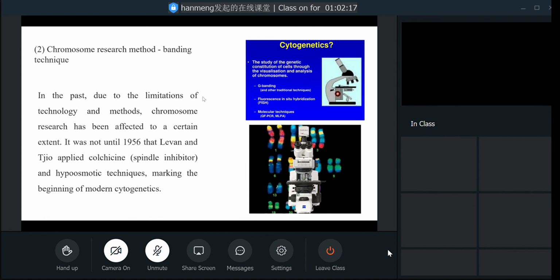It was until 1956 that Tjio and Levan applied colchicine and hypotonic techniques, marking the beginning of modern cytogenetics.